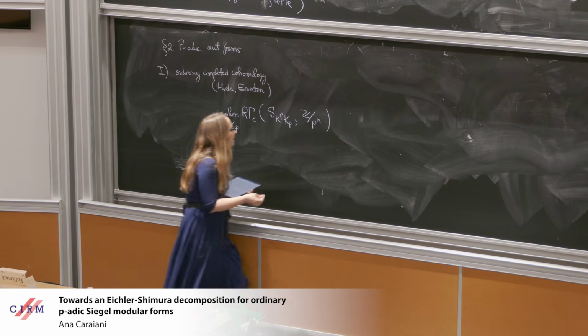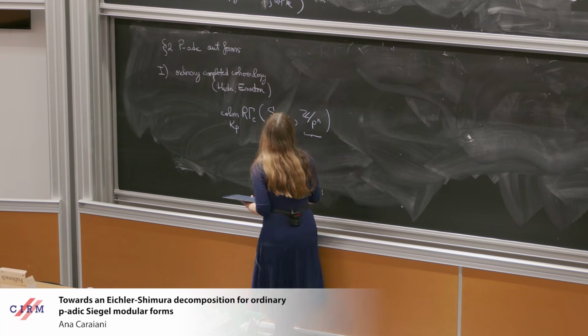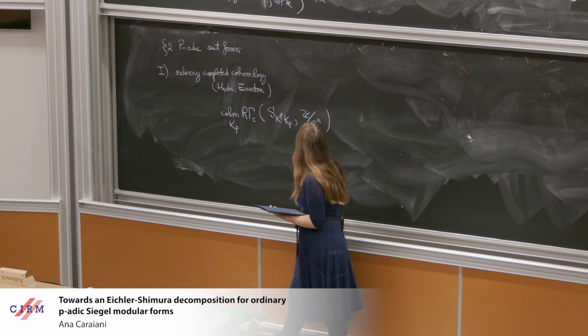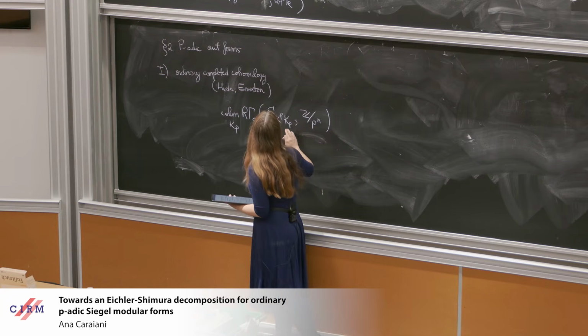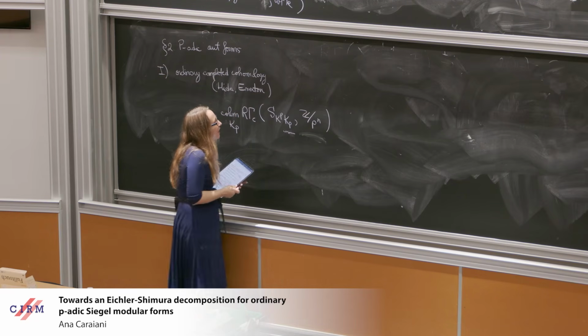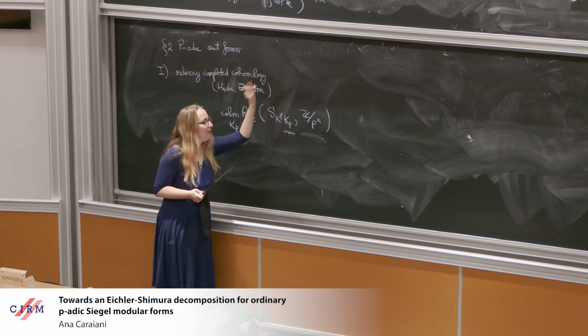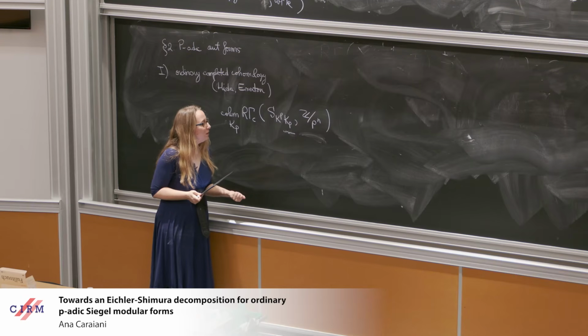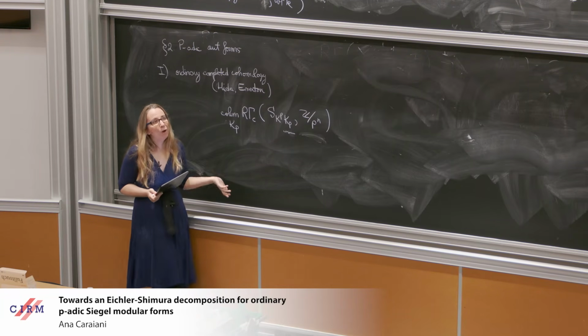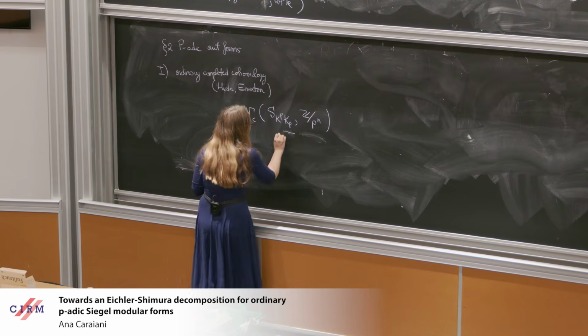And just to comment, maybe this has come up a lot this week, but maybe for non-experts: the point of going to this deeper level at p is that you can suddenly access different weights as well, because you end up trivializing these local systems that come from algebraic representations of your group.